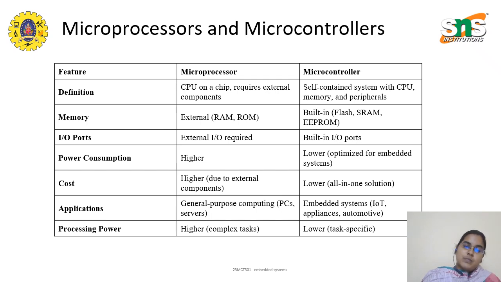For applications, a processor is used for general purpose computing, whereas a microcontroller is specifically used in embedded systems, IoT applications, automotive, etc. In processing power, a processor is higher because it is more useful for complex tasks, and a controller has lower processing power because it is task specific, used especially in embedded systems. In the next lecture series, we will discuss the individual microcontrollers and microprocessors in depth with their specifications. Thank you.